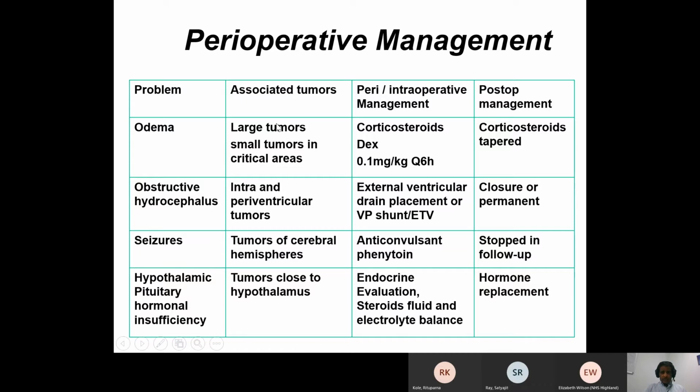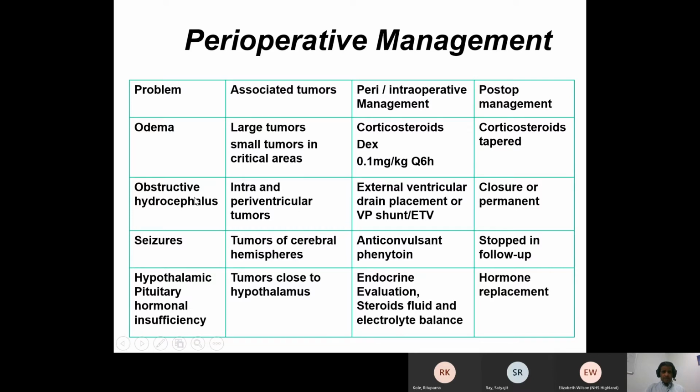This is often seen in large tumors, but also small tumors in critical areas. Often they are started on steroids, dexamethasone, 6-hourly or even 8-hourly, 24 hours before the surgery is done to reduce the pressure. And after the operation, you can start tapering the steroids.